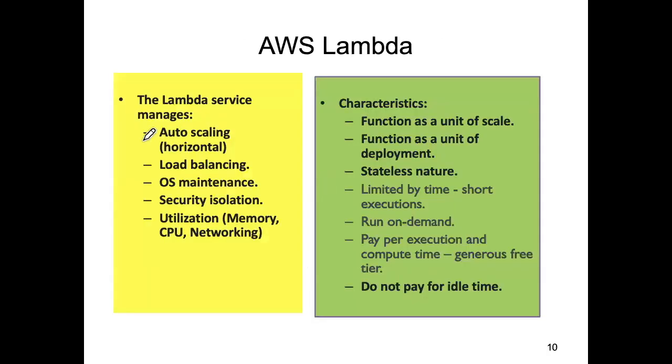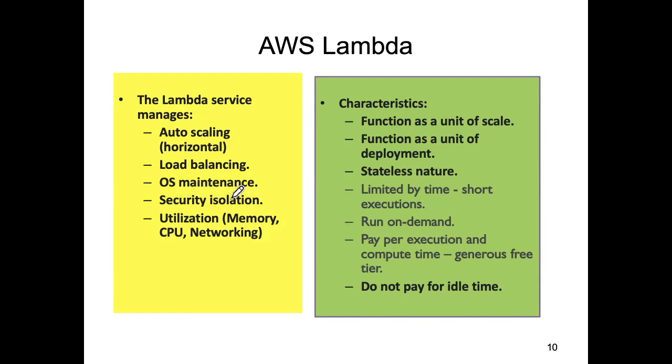We'll talk a little more about scalability later on. So it does scalability, it does load balancing. The Lambda service takes care of any operating system management. Each micro VM will have its own operating system copy loaded into it. It makes sure that each micro VM is isolated from the other micro VM instances.